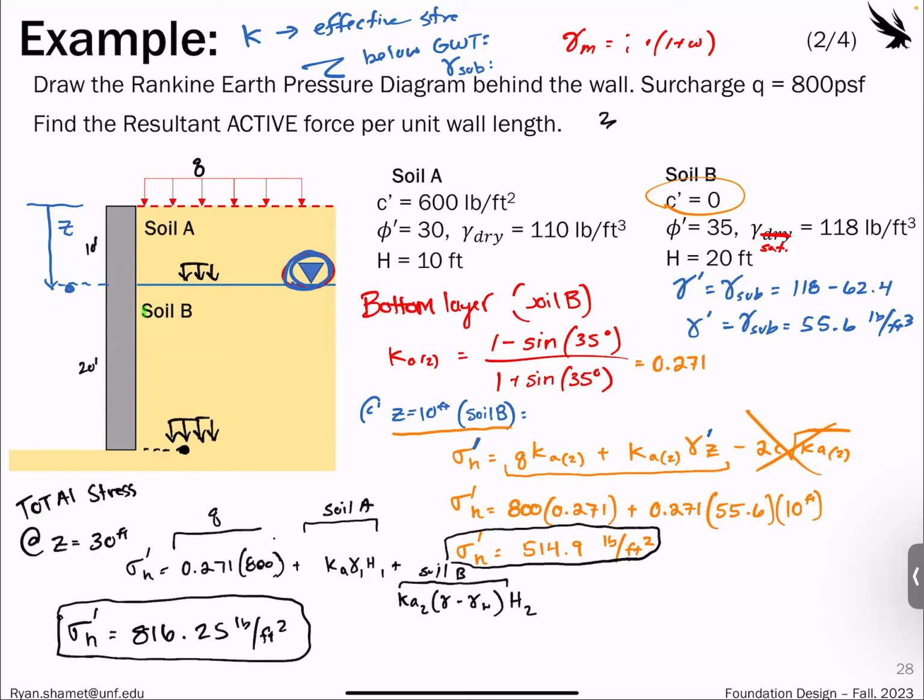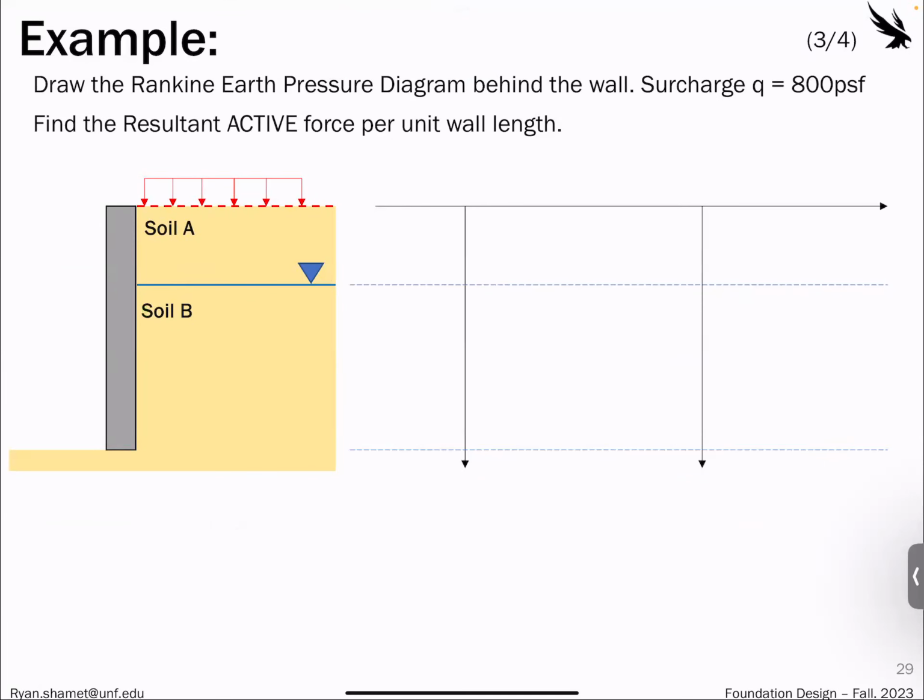So we would have all these key points now, because what we're going to be doing is creating the profile of that. We have this point of discontinuity here. So what the stress profile would actually look like, in pounds per square foot: we know at the top we are at negative 426.15.